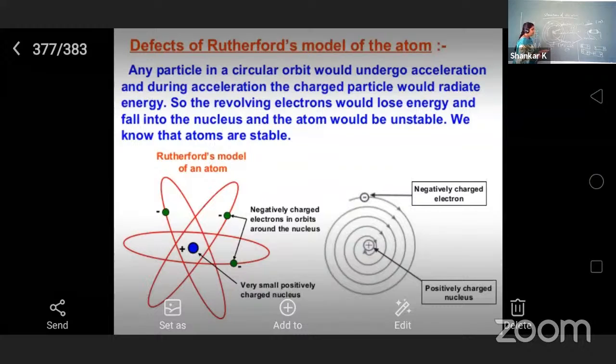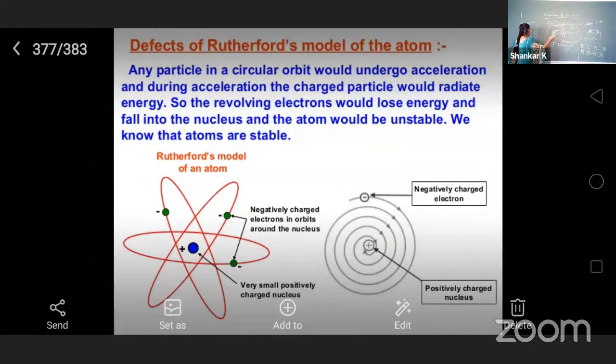So in an atom, protons and electrons are there. Atoms can lose or gain electrons. In the first shell there should be 2 electrons.